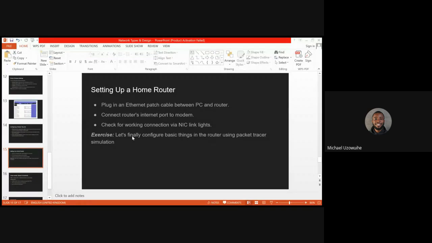So I think the exercise we want to do now is how to configure basic things in the router using the Packet Tracer simulation. Can we go ahead or do we still have concerns? You can bring them up. Are we on the same page?